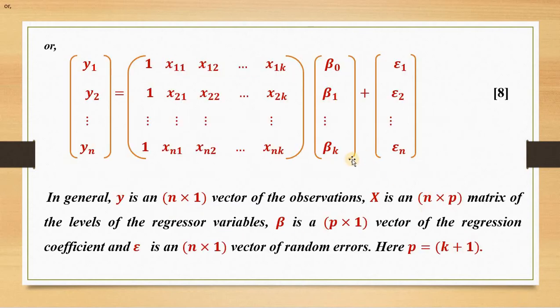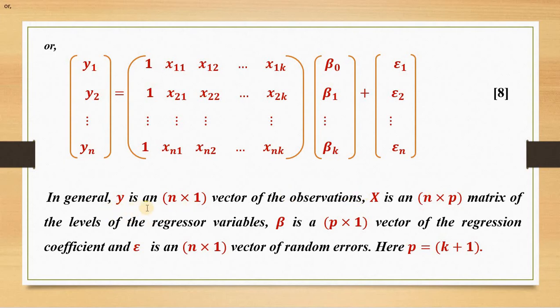And if you write all the matrices, we get this type of expression. Here it is the y vector, this is the x matrix, this is the parameter vector beta naught, beta 1 up to beta k, and the last one is the error vector epsilon 1, epsilon 2 up to epsilon n.